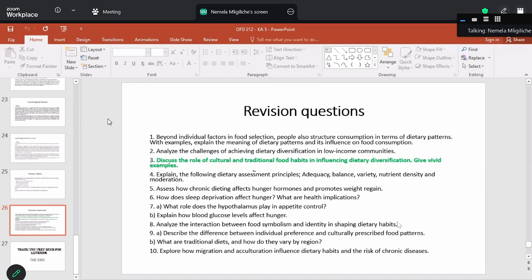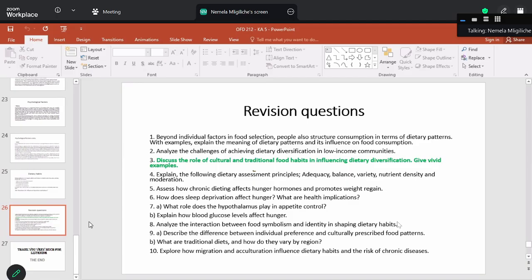How to answer this question. I'll just try to give a brief explanation of how to answer this type of question. Question number 3 says: discuss the role of cultural and traditional food habits in influencing dietary diversification.